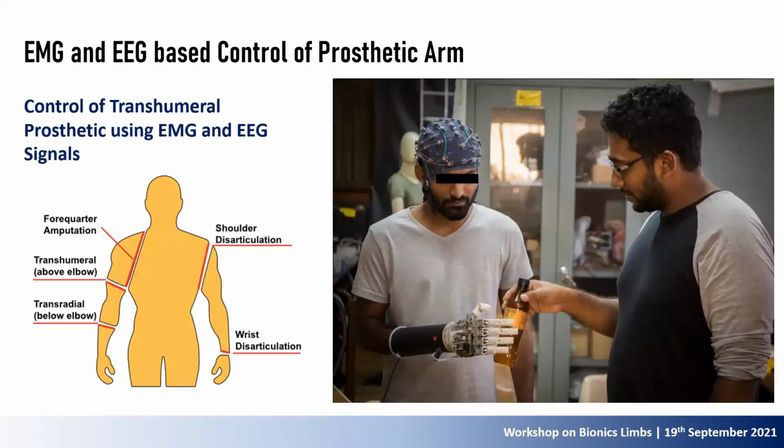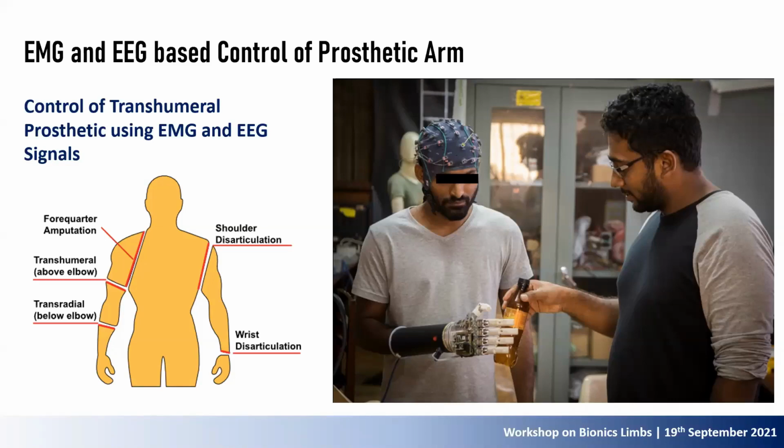Then we tried to control a transhumeral prosthetic hand with both EMG and EEG signals, because as you may already know, transhumeral amputation means an above-elbow amputation, as shown in this figure. Even though we used EMG signals of forearm muscles to control the prosthetic hand in the previous transradial case, here we can't do that, because such amputees don't have a forearm.